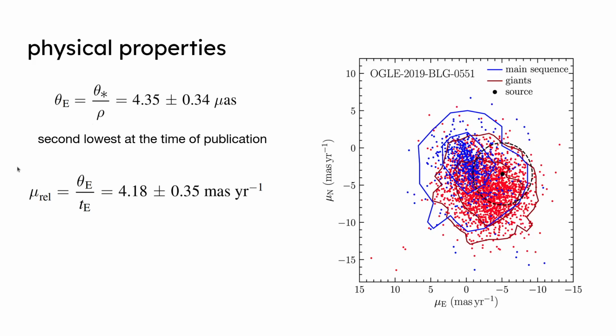And also they get relative proper motion, which, knowing the proper motion of the source, you can kind of assume where you can draw a region where the proper motion of the lens may lie, and they see that essentially the proper motion of the lens is quite consistent with either the bulge or the disc.